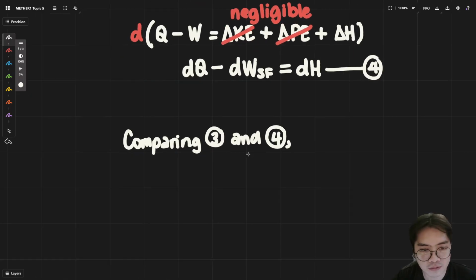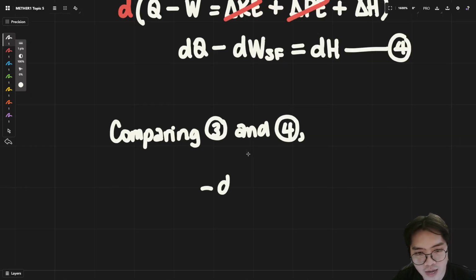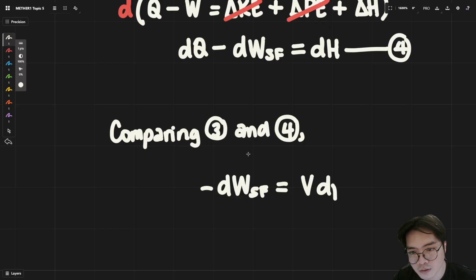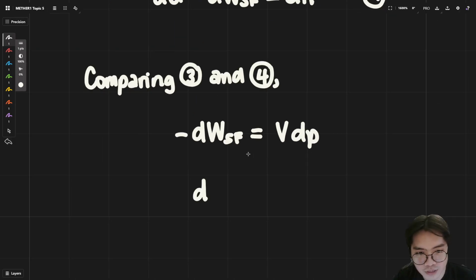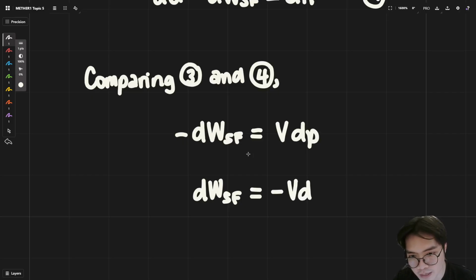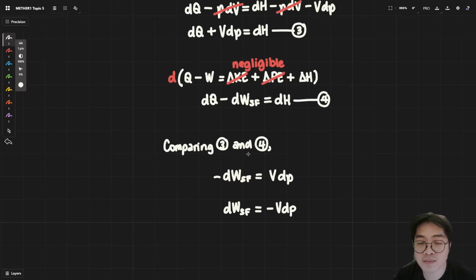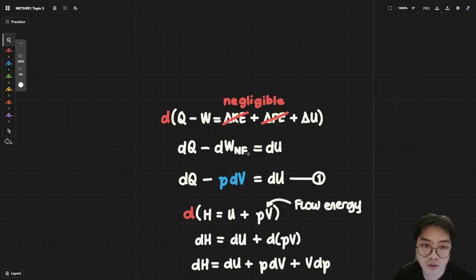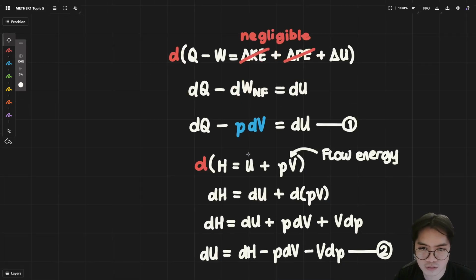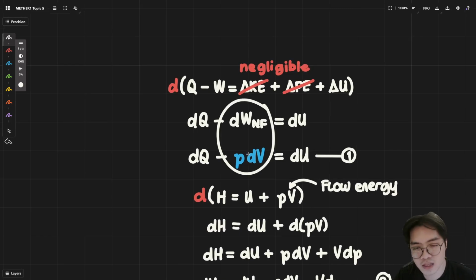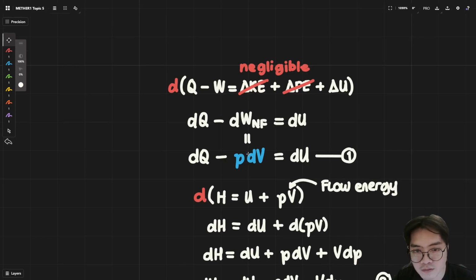we will now get to the conclusion wherein your negative dWSF is equal to your VDP, which will mean that your dWSF is equal to your negative VDP. Notice the similarity of this to this thing. This thing, dWNF is equal to your PDV.